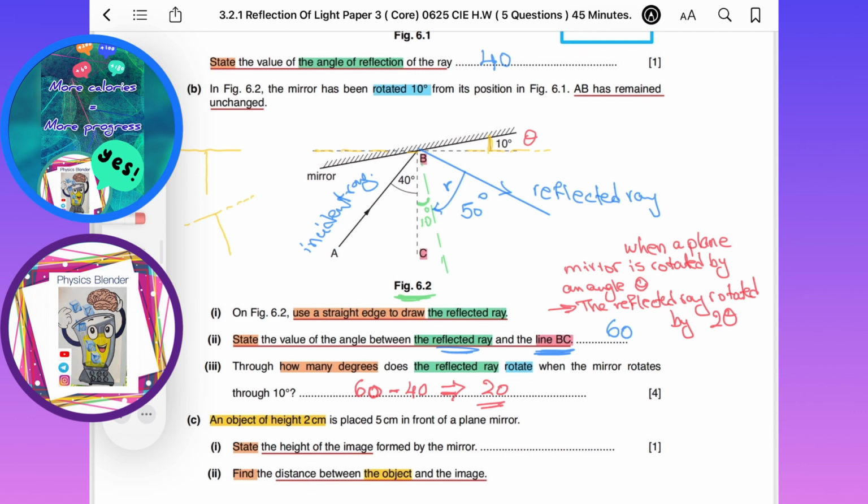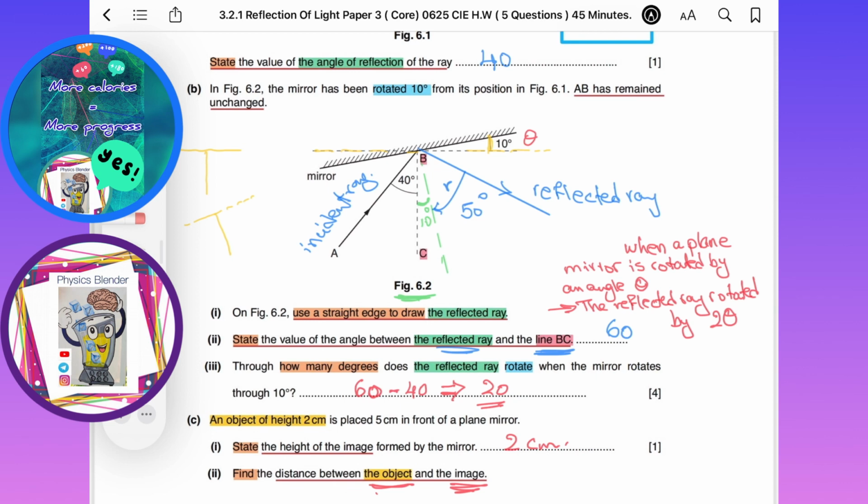which is 20. Okay guys, an object of height 2 centimeters is placed 5 centimeters in front of a plane mirror. State the height of the image. Since the image is the same size as the object, it will keep the same height. So the height will be the same, 2 centimeters. The distance between the object and the image.